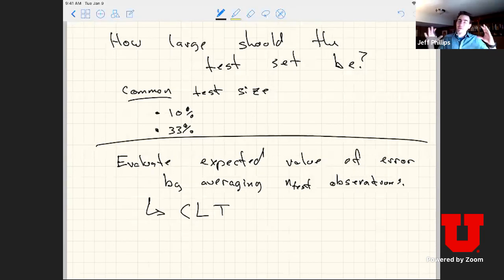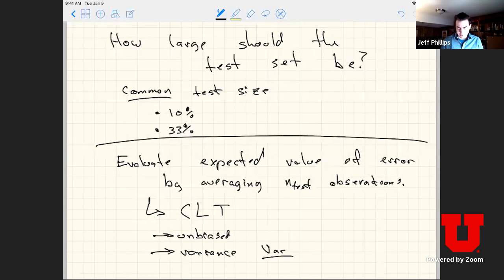If we get one view of it, it's a sample from the distribution, so it might be an unbiased estimator, but we only get one view. If we want to get more views, we're going to get a better estimate. These are going to concentrate, and basically it's going to be unbiased, and the variance goes down by the variance divided by n test.